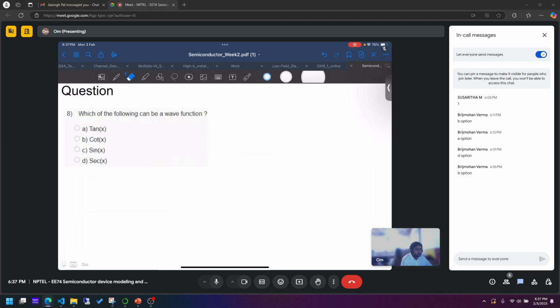We just saw that in the example, but can you tell me why others cannot be a wave function? So there are, let's say, four properties of a wave function that it must follow.